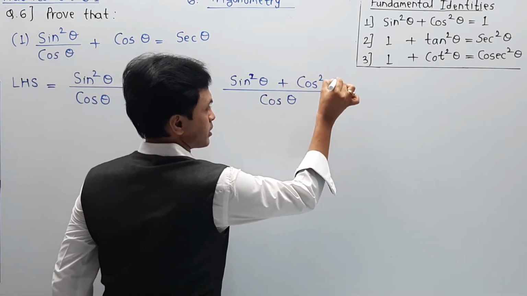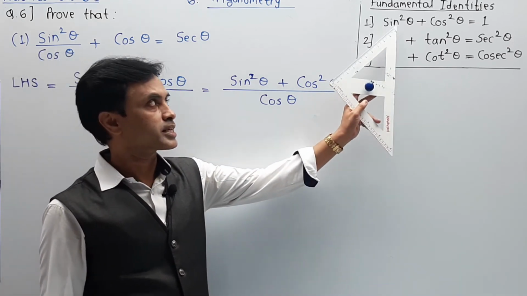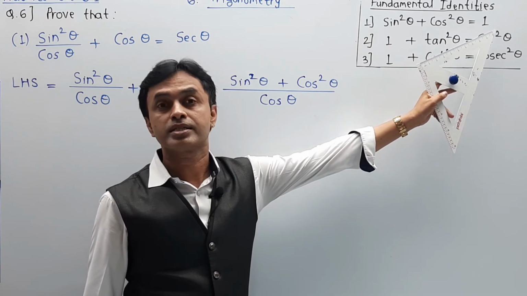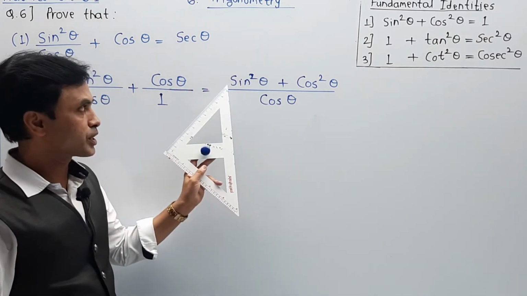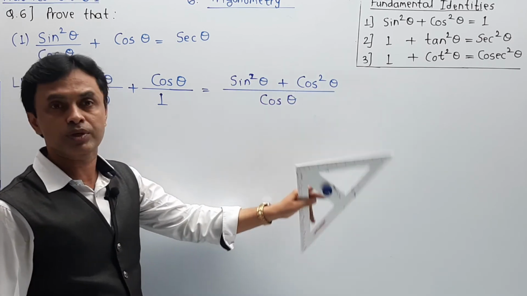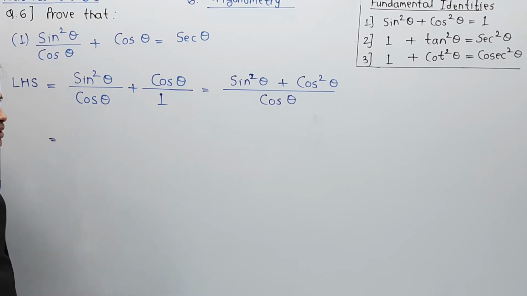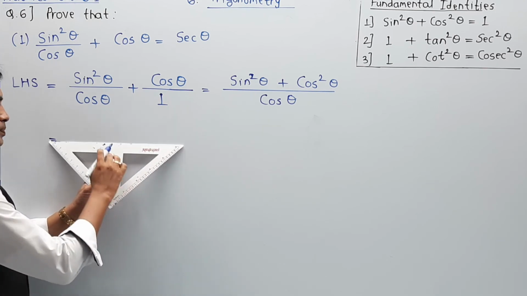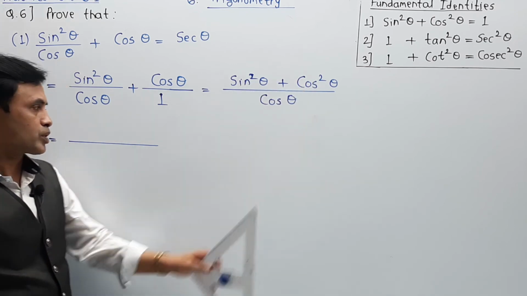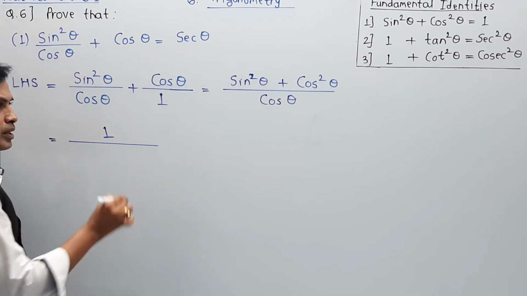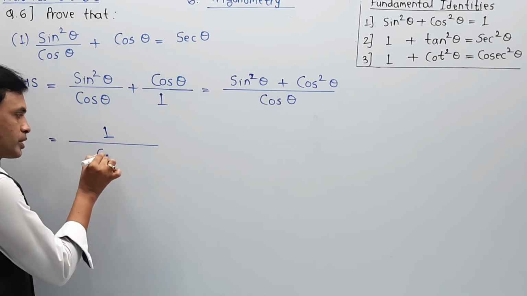Now you very well know that we have a fundamental identity: sin square theta plus cos square theta is 1. Now I am using that property. So sin square theta plus cos square theta becomes 1, and the base is cos theta, so upon cos theta.